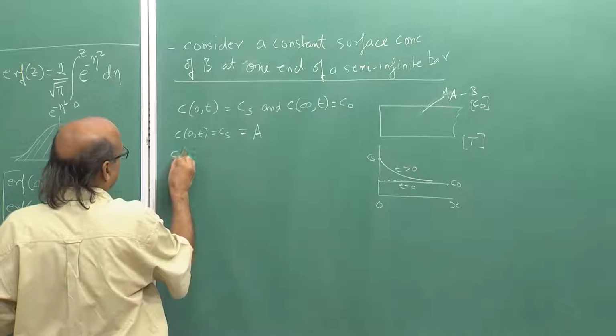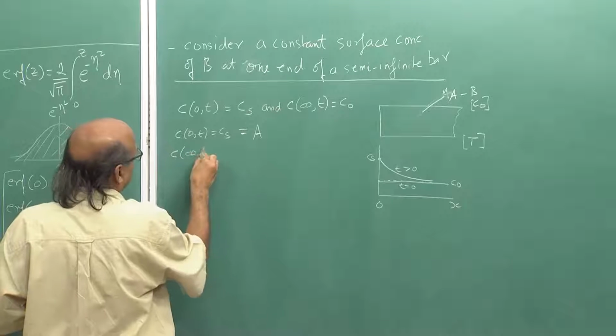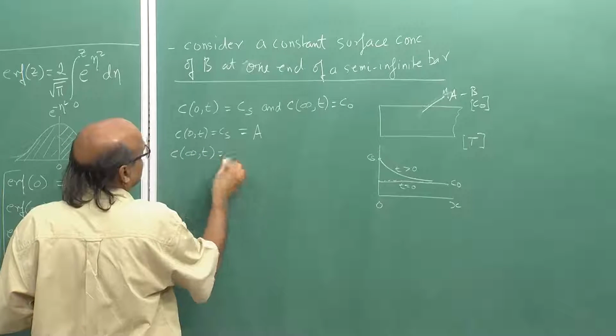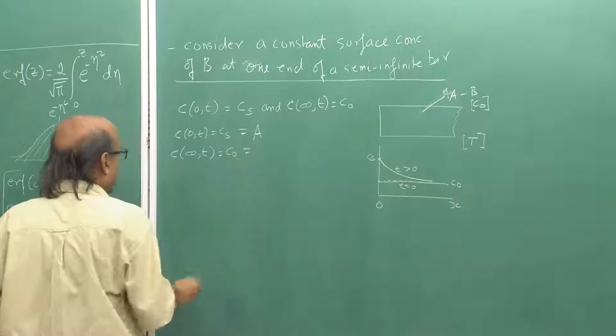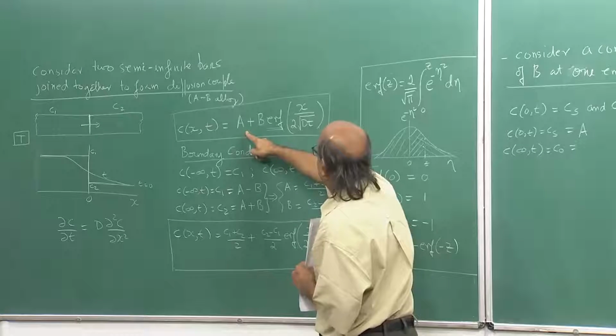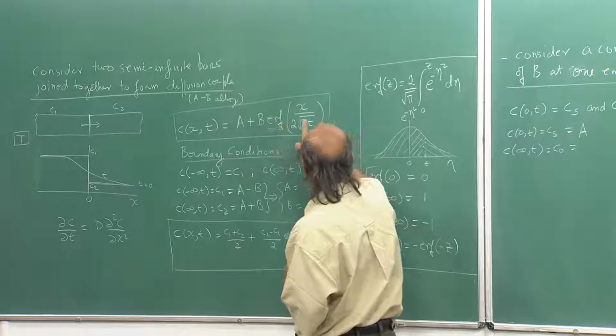Apply the second boundary condition, C of infinity, t is equal to C0, which, coming back to this solution, is A plus B error function of infinity.